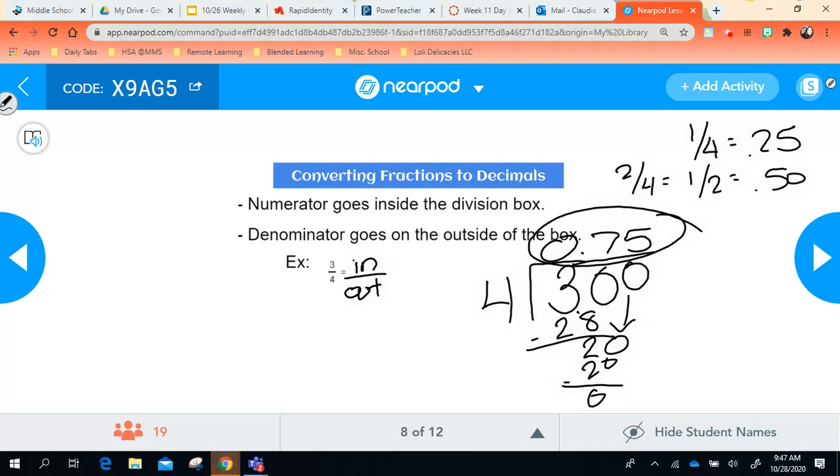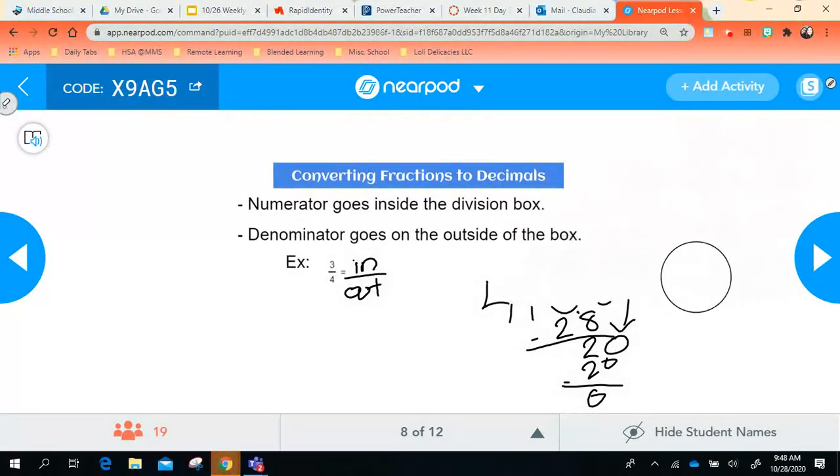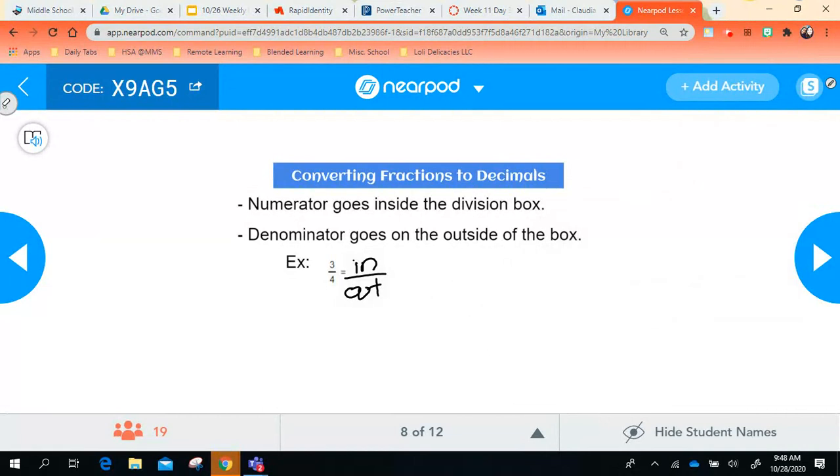So 1/4, 2/4, 3/4 is 0.75. These should be your easy ones. Like 1/3 is 0.3333. I'm going to get you a chart, but you're not just going to see the easy ones. You're going to see the other ones, which is why it is important for you to know how to convert them.